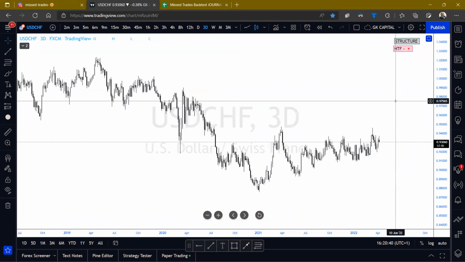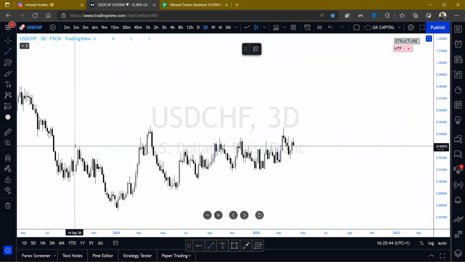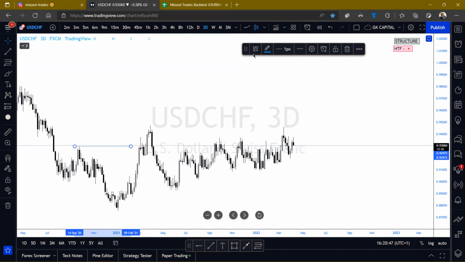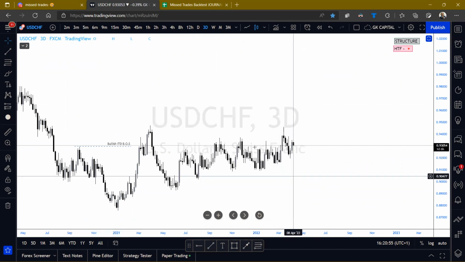High time frame we're bearish, and here after this break here, we are bullish intraday.